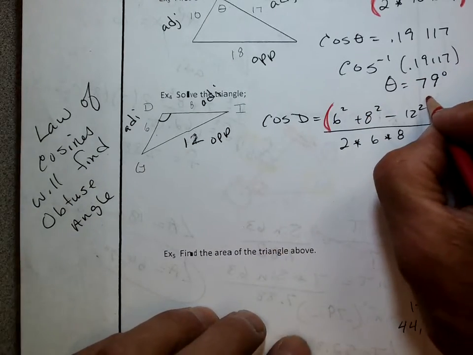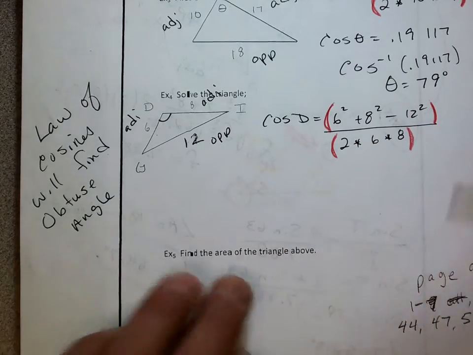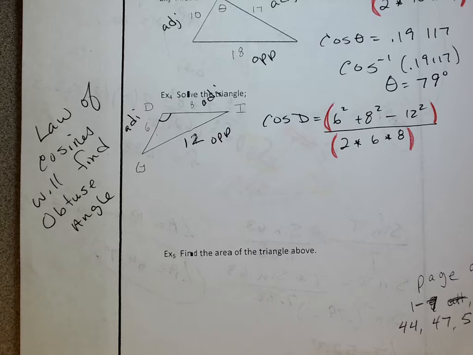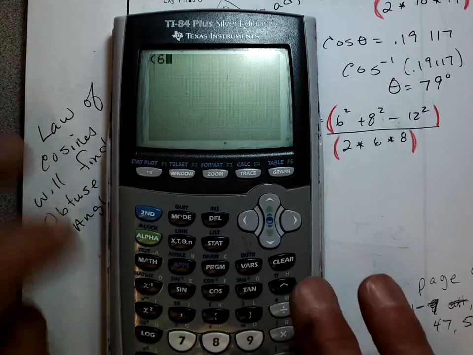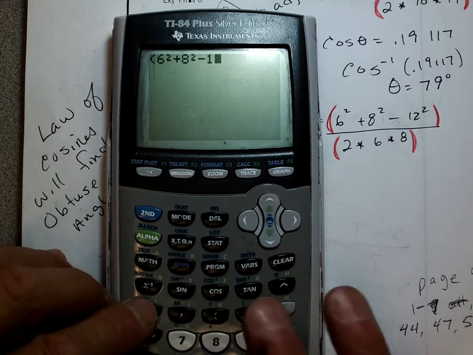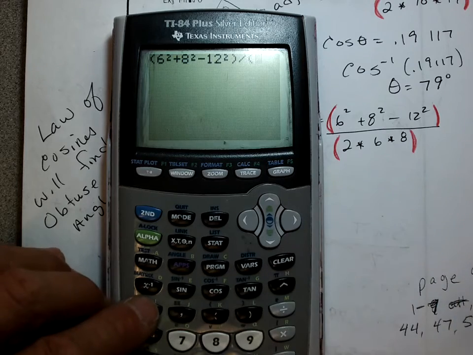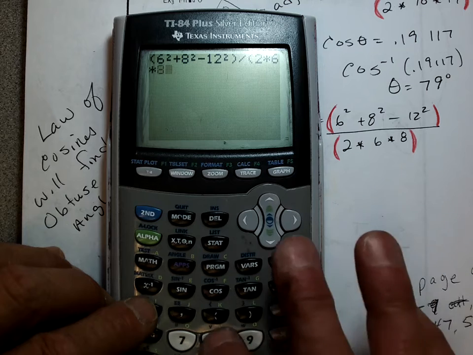You get it right this time, David? Okay, parentheses, right? Got to have parentheses because in my calculator, I need to make sure I divide the top by the bottom. Okay, clear. So then if I go parentheses, 6 squared plus 8 squared minus 12 squared, parentheses divided by parentheses, 2 times 6 times 8 parentheses.